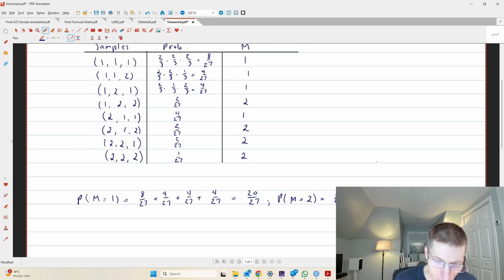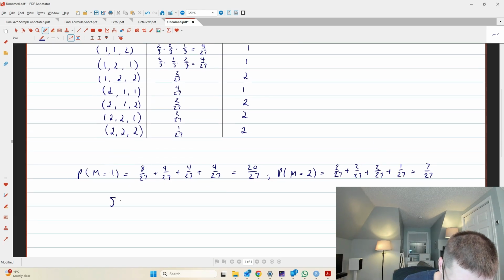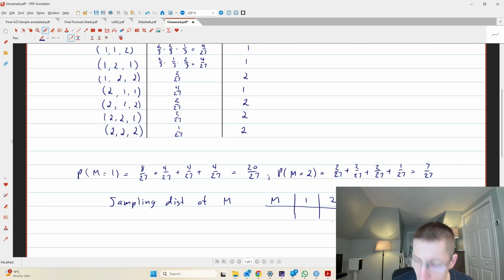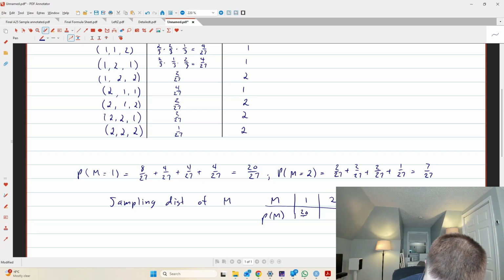So that means that the sampling distribution of M, to answer part A, we can make a little table. M can assume values 1 and 2, and the probabilities with which they occur are 20 over 27 and 7 over 27.